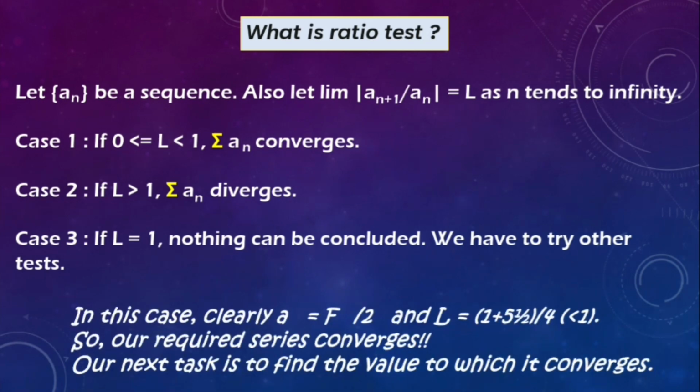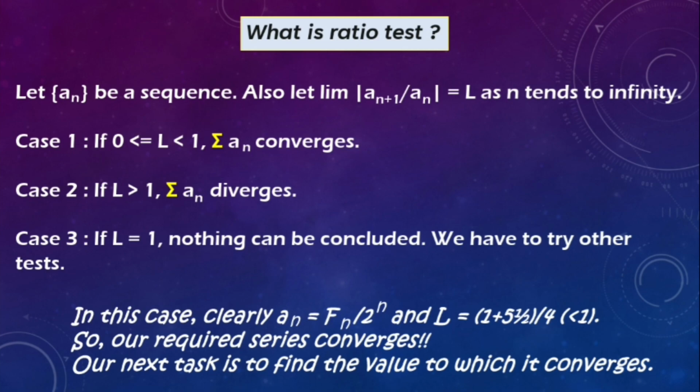In this case, clearly you can see an will be Fn upon 2 to the power n. That is the series whose limiting value we have to find out. And you can clearly compute L, which is the limit as n goes to infinity of the absolute value of an plus 1 upon an.